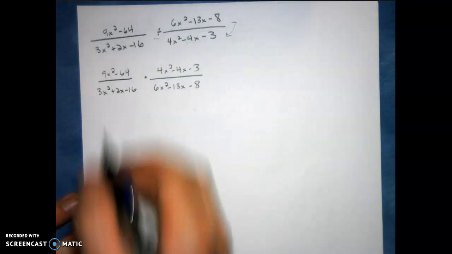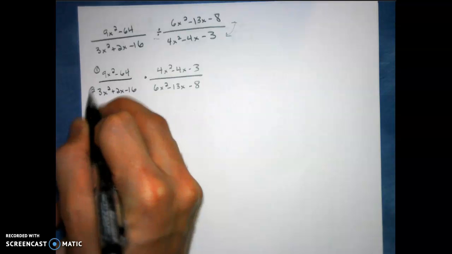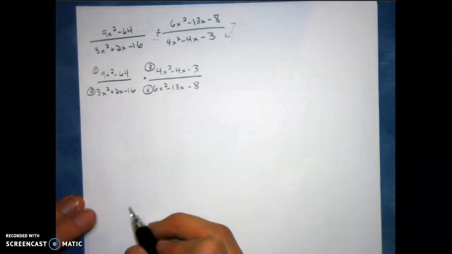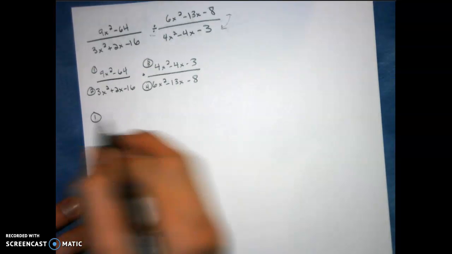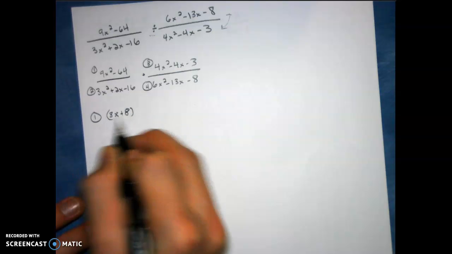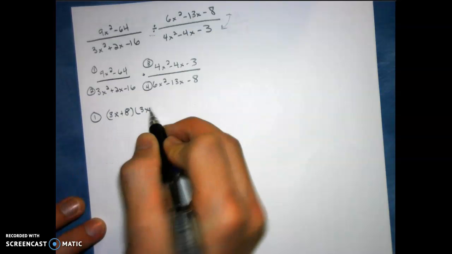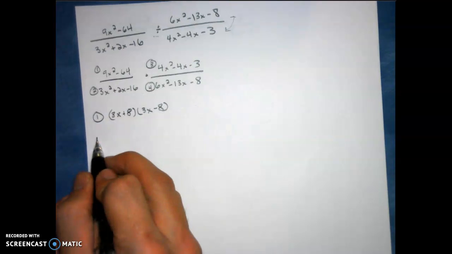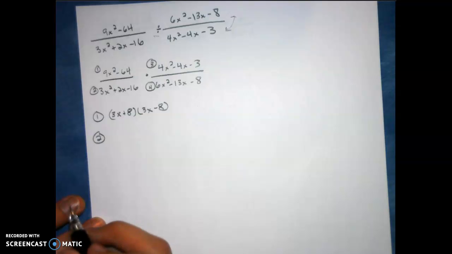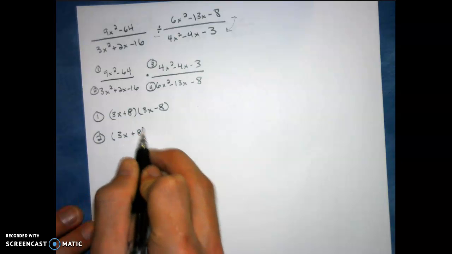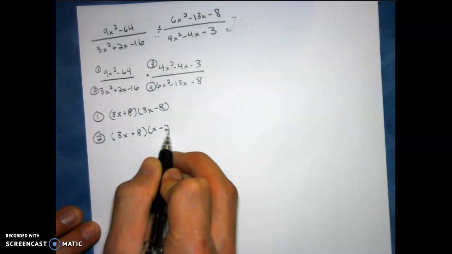All right, then we factor everything. So we have 1, 2, 3, and 4. So we'll factor the first one. We have 3x plus 8, 3x minus 8. Second one, we have 3x squared plus 2x minus 16. That gives us 3x plus 8, x minus 2.